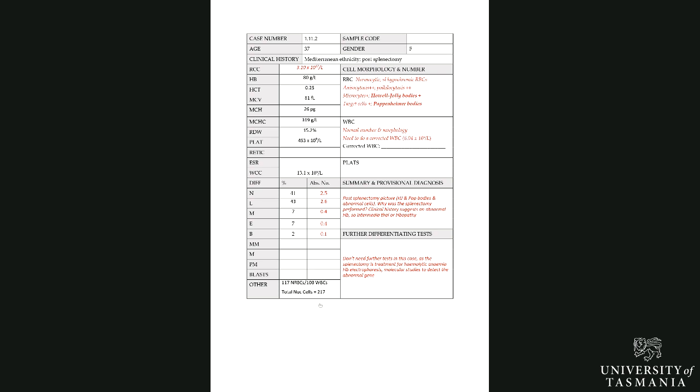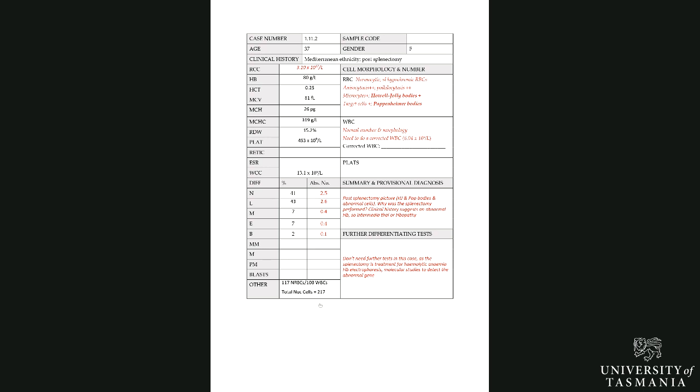So when we have a look at these compared to our reference intervals, the red cell count is a little bit low. The hemoglobin is very low, and the MCV is 81. This is a really tricky one. The MCV is right on the cusp of being normocytic and microcytic. The red cell count is low and the hemoglobin is low as well.